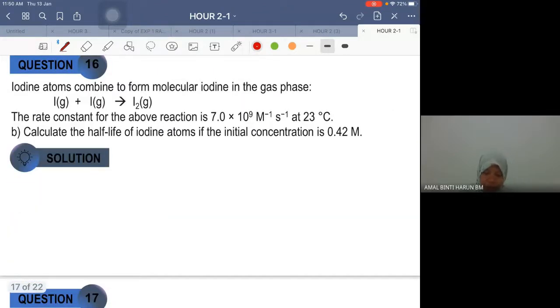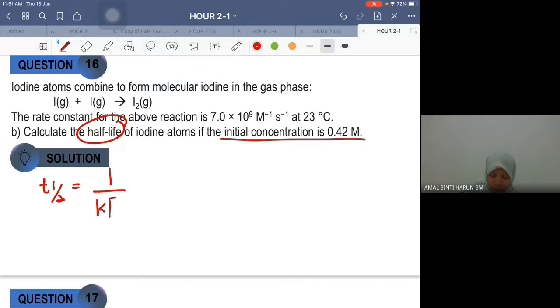And then B, calculate the half-life for the iodine of the initial concentration. Okay, so gunakan formula half-life bagi second order is 1 over K times initial concentration of iodine. Okay, 1 over K, 7 eksponen 9 and then concentration is 0.42 molar.